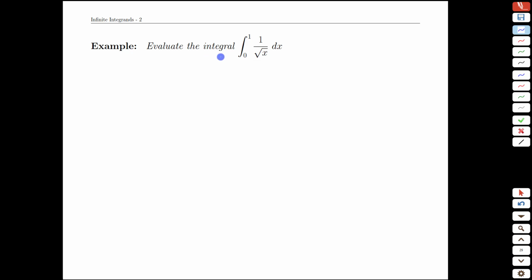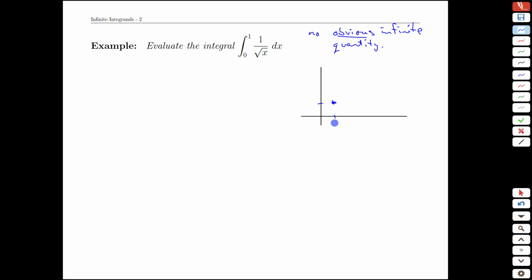As a first example, let's evaluate the integral from 0 to 1 of 1 over root x. Now there's no obvious infinity here, or no obvious infinite quantity, until we sketch a graph. It might not be obvious, but it is there. If we sketch the graph of 1 over root x, it goes through (1, 1), has an asymptote horizontally as x approaches infinity, but we're not interested in that this time.